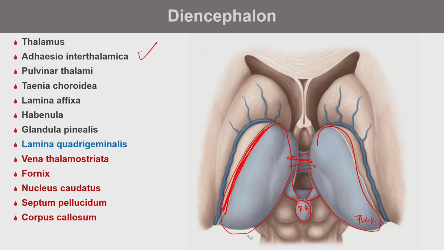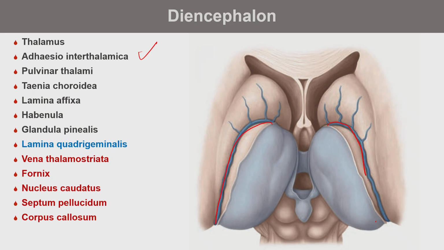And you can see again here those structures, the quadrigeminal plate or tectum mesencephali, and the other structures are part of the telencephalon. We can distinguish here other structures. This is a vein.